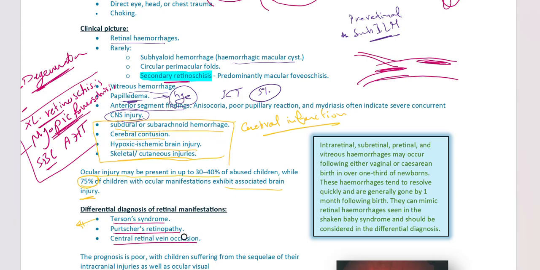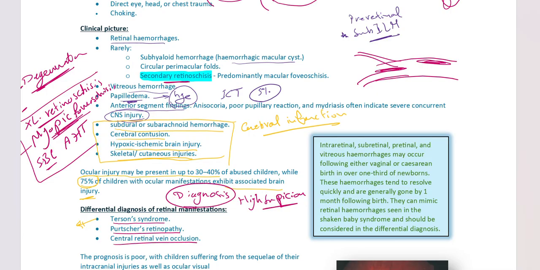The role of the ophthalmologist in abusive head trauma is diagnosis. We aid in diagnosis, but we don't manage these cases. But we need to have high suspicion to alert the pediatrician, to alert the other doctors that we are suspecting something wrong happening.